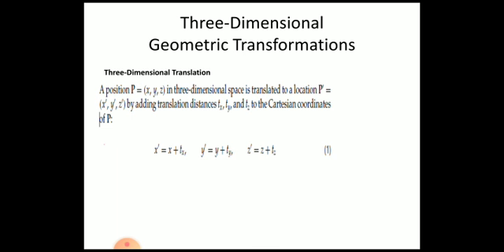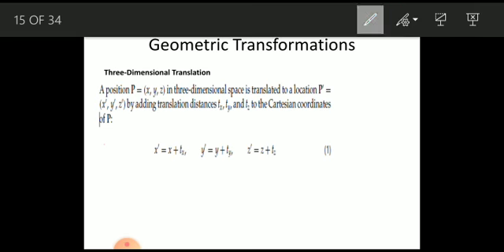This is done by adding translation distances, or translation factors, such as tx, which is the distance along the x direction, ty, a movement towards the y direction, and tz, a movement with respect to the z axis, to the Cartesian coordinates of P. So we have new values: x dash is equal to x plus tx.